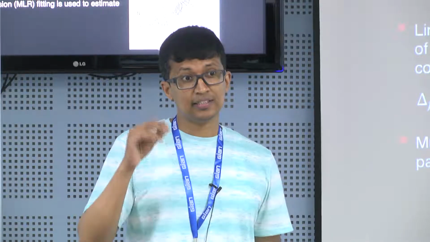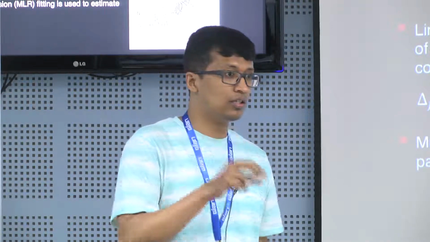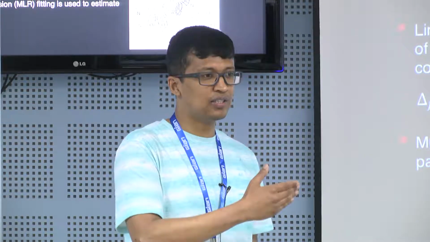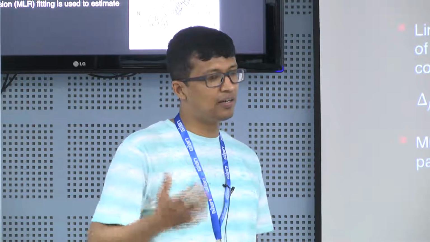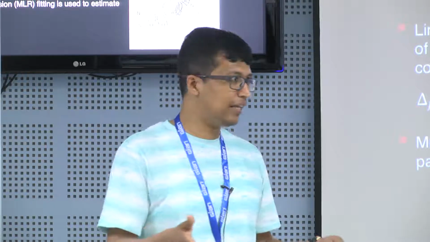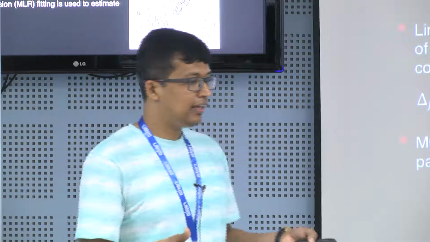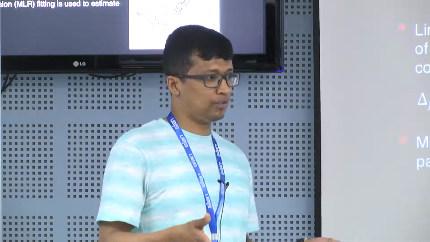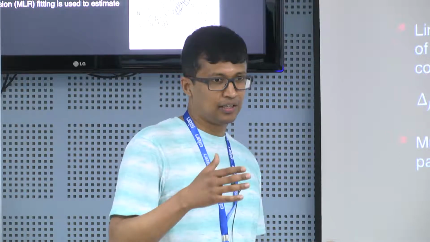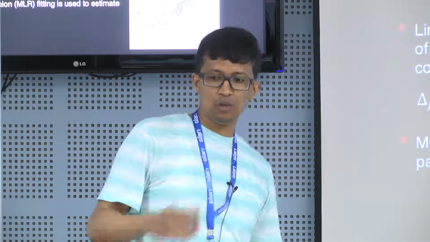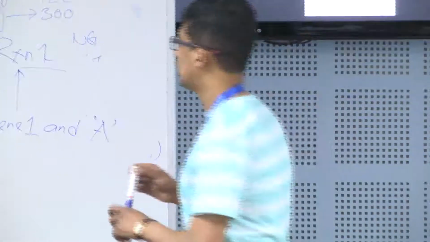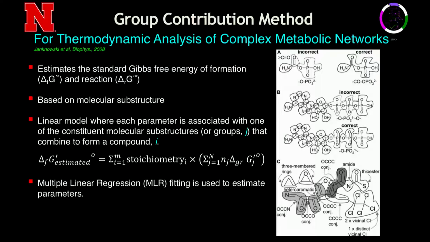As long as you have some information about the concentration of the metabolites, this will be better. I would not say this will be fine, but this will be better. But if you do not have that information, if you are assuming the concentration range, then probably you will not get anything good out of it. I know it does not make that much sense, but it is what it is. So there is a tool which can do all these things for you automatically, and it's called eQuilibrator.